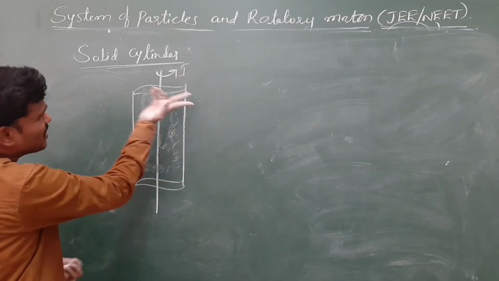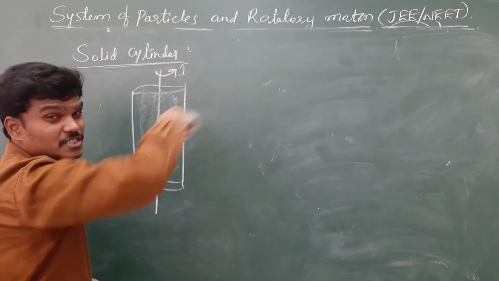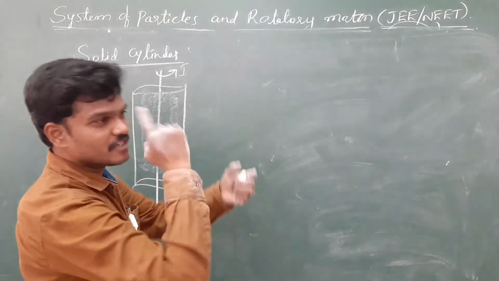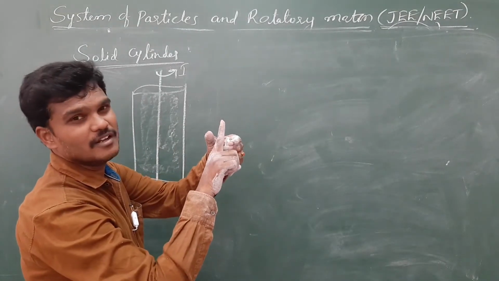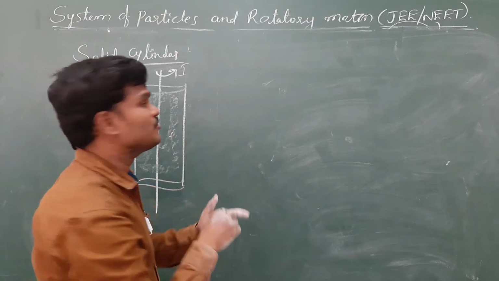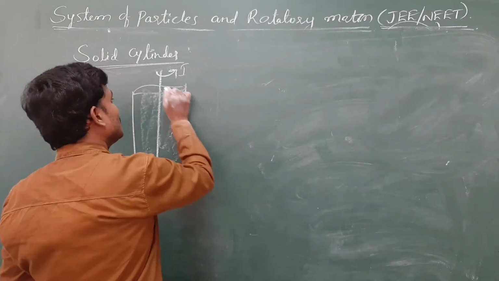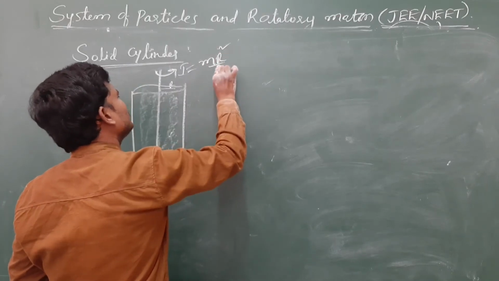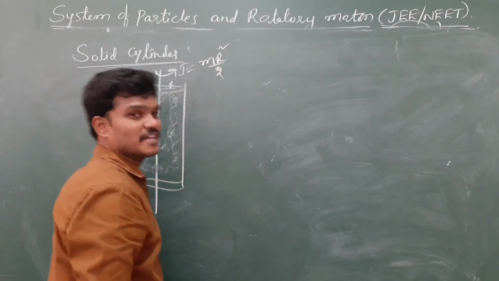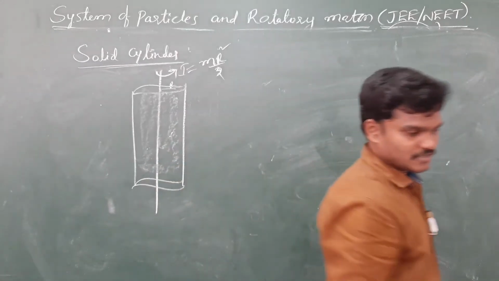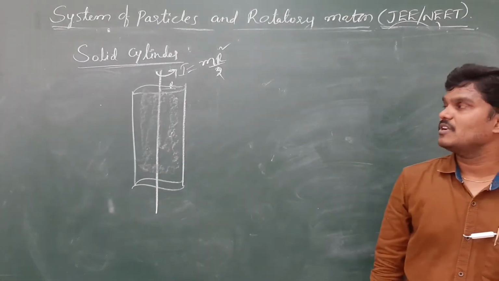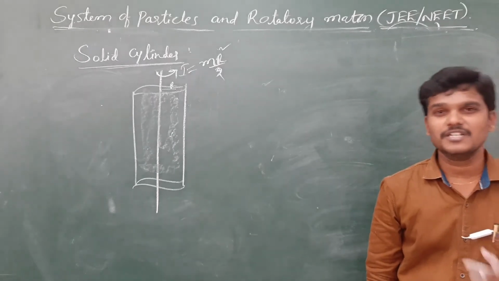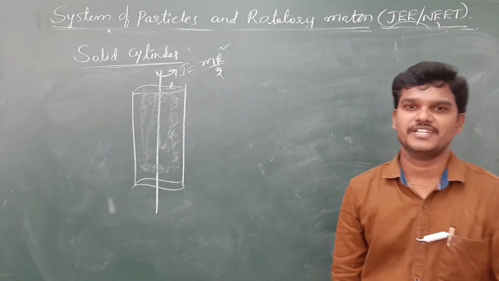If I cut a small piece, that small piece looks like a circular disc. For a circular disc, axis passing through the center perpendicular to the plane of the disc, the formula is m r square by 2. Now here also it is the same. Keep the formula in mind, m r square by 2 about its own axis. So for the solid cylinder about its own axis, the formula is similar to the circular disc.